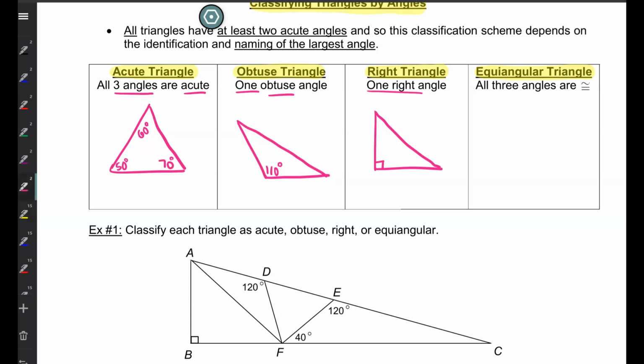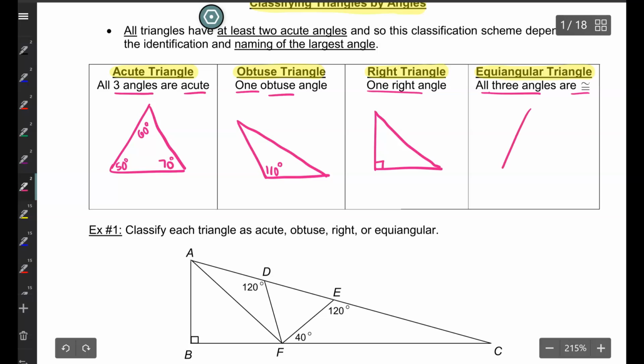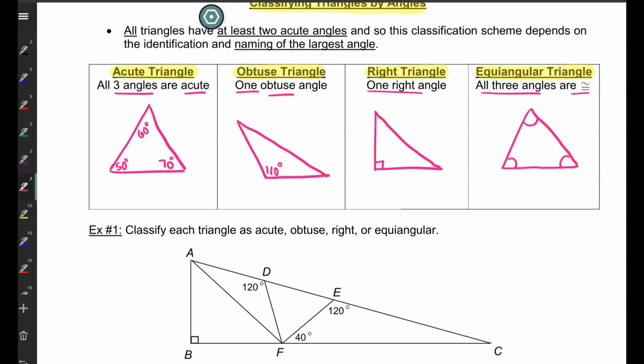Think about the first part being equal, and then angular, so all 3 angles are congruent. And in fact, when we have an equiangular triangle, automatically these 3 angles are all going to be 60-degree angles.